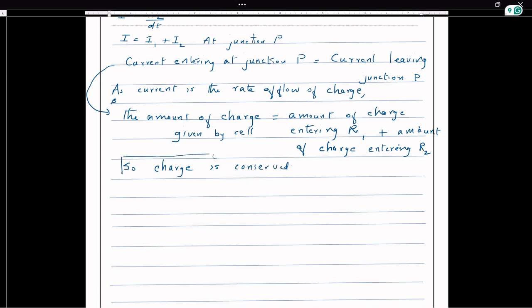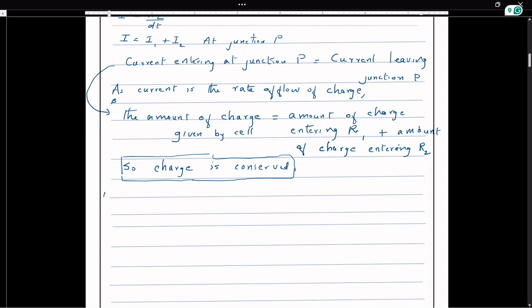We showed that the total amount of charge leaving the battery or the cell is equal to the total amount of charge given to the circuit. Charge remains the same. Charge is conserved.